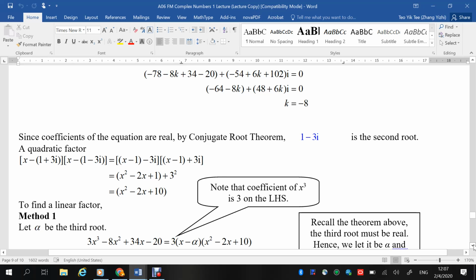Correct or wrong? All I know is 1 plus 3i is a root, right? So x minus this multiplied by ax squared plus bx plus c. Correct or wrong? Correct, right? Still correct. Just that you're just wasting your own time, right? There's nothing wrong. So students who actually forgotten the conjugate root theorem, they'll go through this stupid thing.